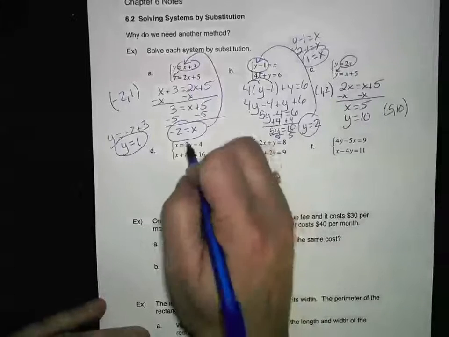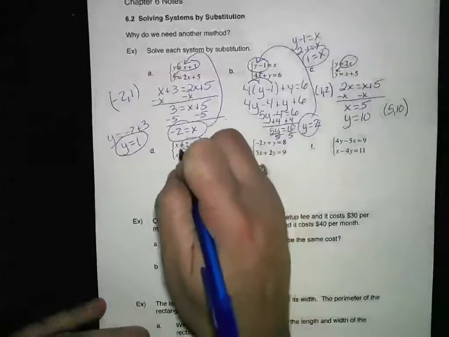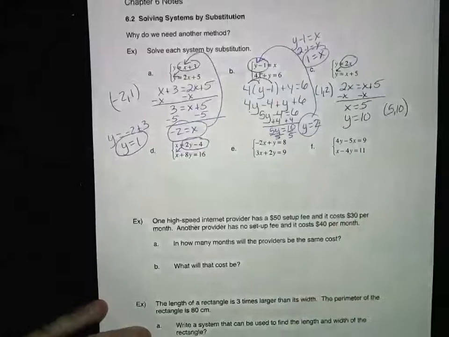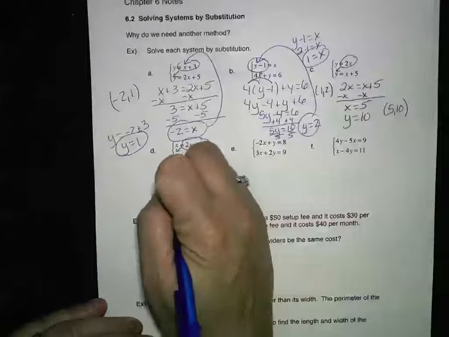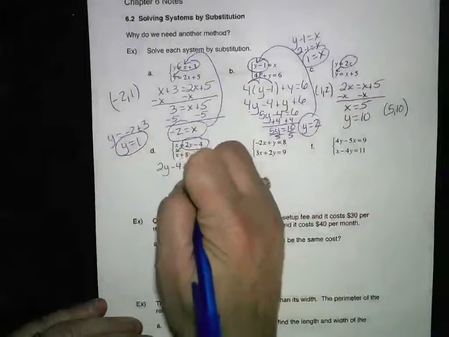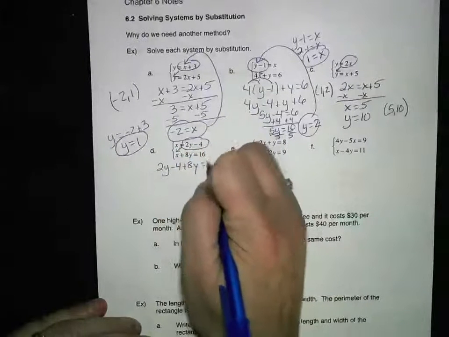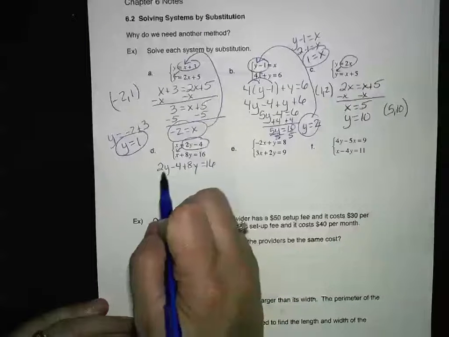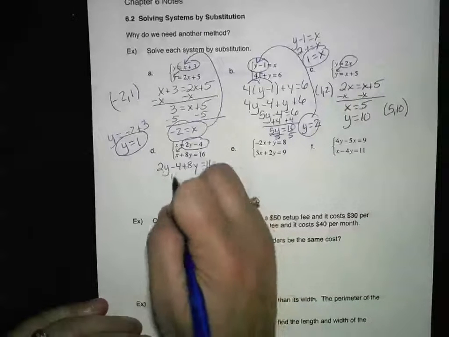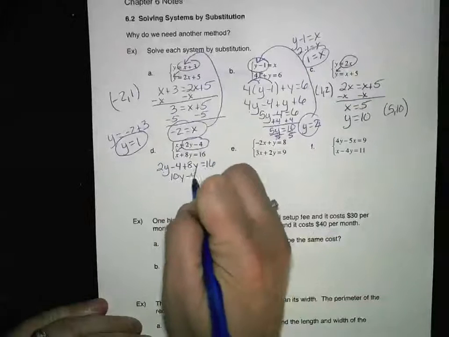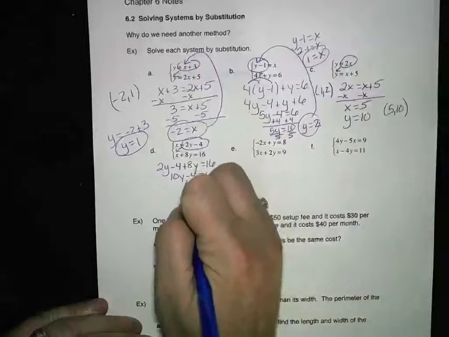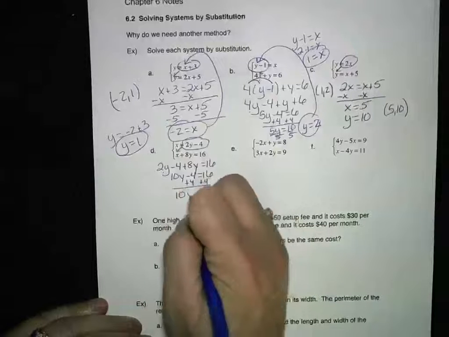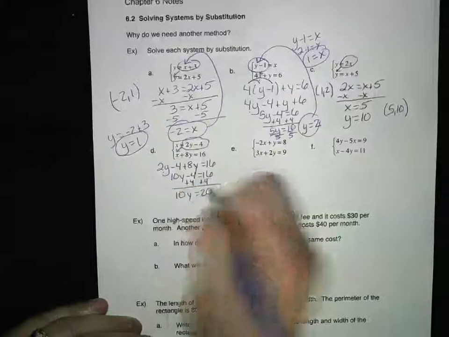Letter D, we have an x equals, so that whole expression can go in place of the x. So we will have 2y minus 4 plus 8y equals 16. 2y plus 8y is a 10y. We add 4 to both sides, and that becomes 10y equals 20.